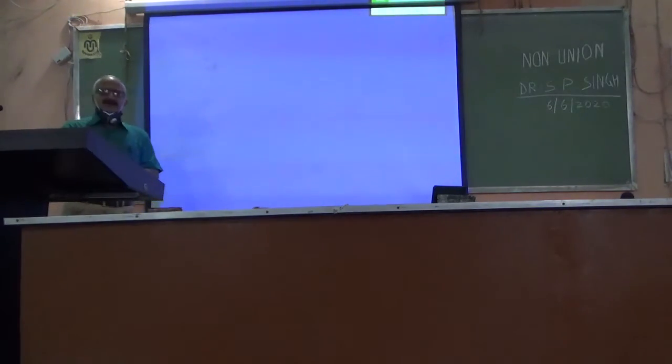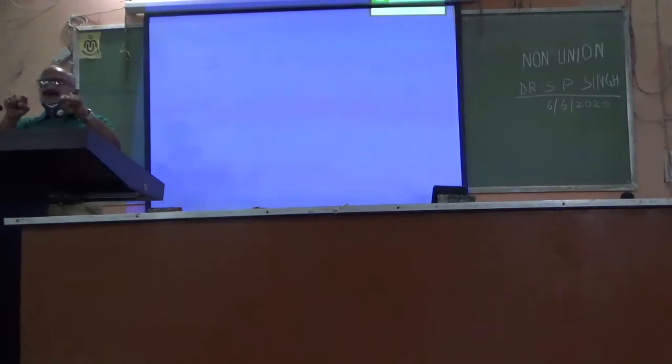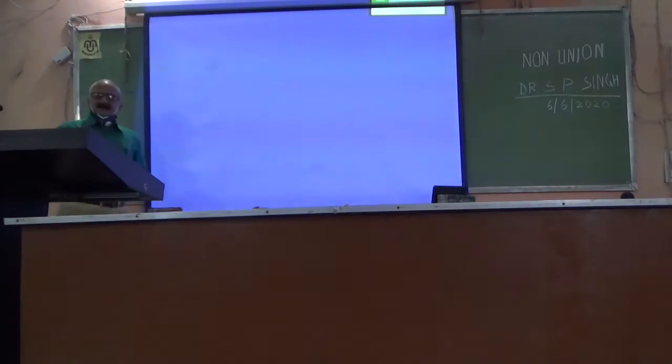Hence, you can find abnormal mobility. I have told you earlier that when the bone is intact, it doesn't show abnormal mobility. You can't show abnormal mobility at the mid shaft of the bone.